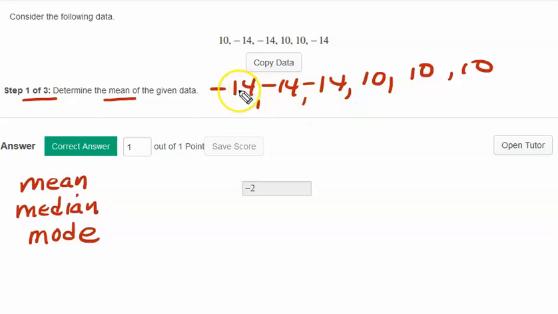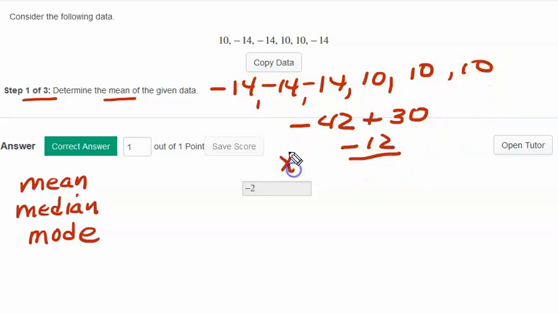Well, we have 3 negative 14s, which gives us a negative 42. This is a positive 30, a total of negative 12. We have 6 items of data, so for our x bar, we get a negative 2, which is what we have here.